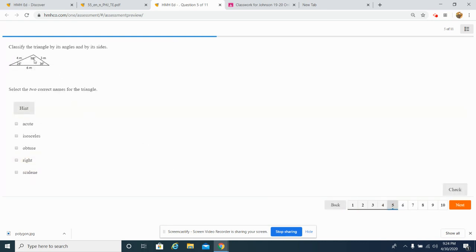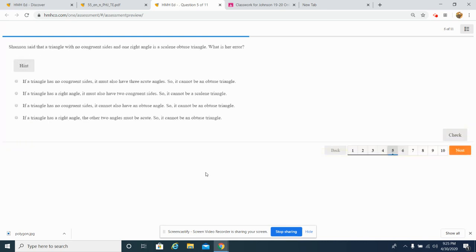Same thing, we've got 118, 26, 36. This 118 automatically tells us it's an obtuse angle. Then we've got 3 meters, 4 meters, 6 meters. Scalene, good.